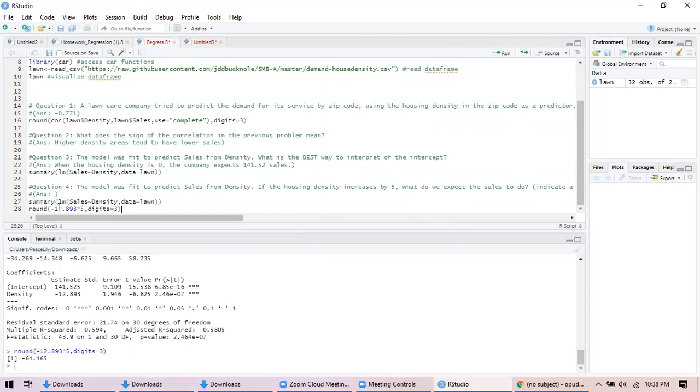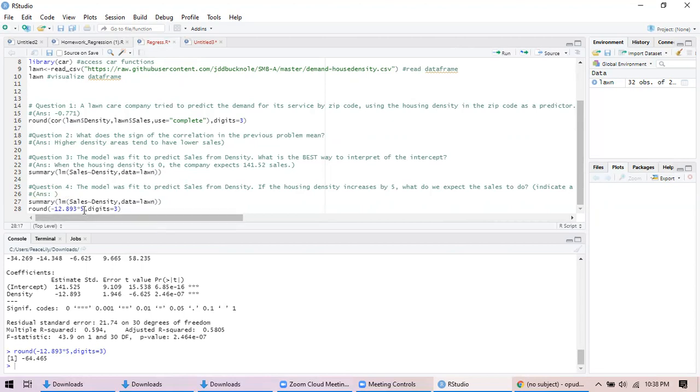Oh man, this is talking about summary. No, but I messed up the equation though. I forgot to add something to it. Do you see that equation on line 28? Can you add 141.525 right here after the 5?